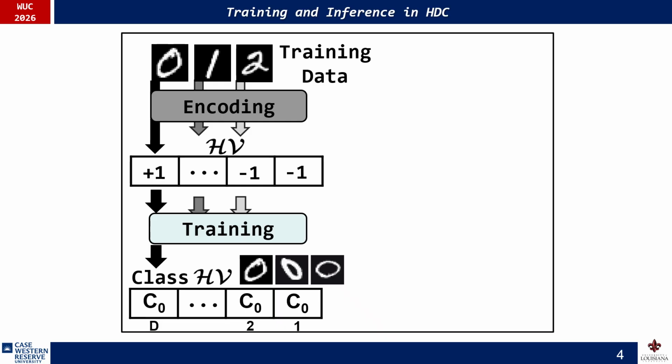For training purposes, I need to contribute to the corresponding class. For instance, assume my incoming input is of class 0. I need to contribute to the class hypervector which represents the 0 class. So in my training data, all 0 class images should contribute to a class hypervector. And at the end, for this specific example, I will have 3 class vectors representing 0, 1, and 2.